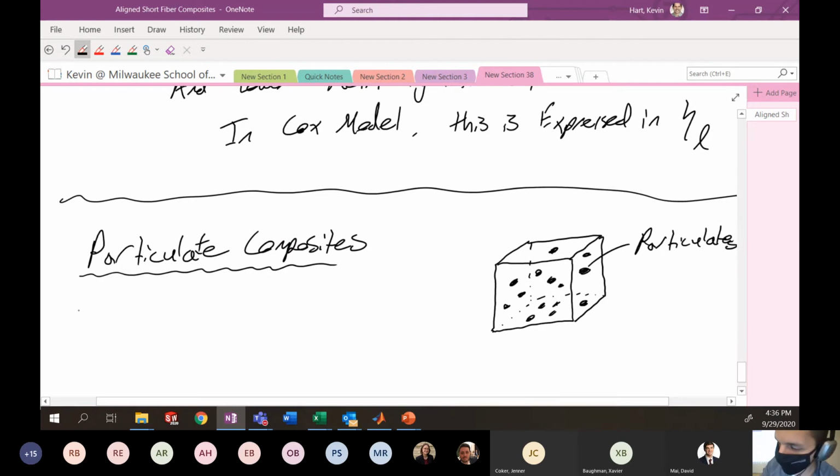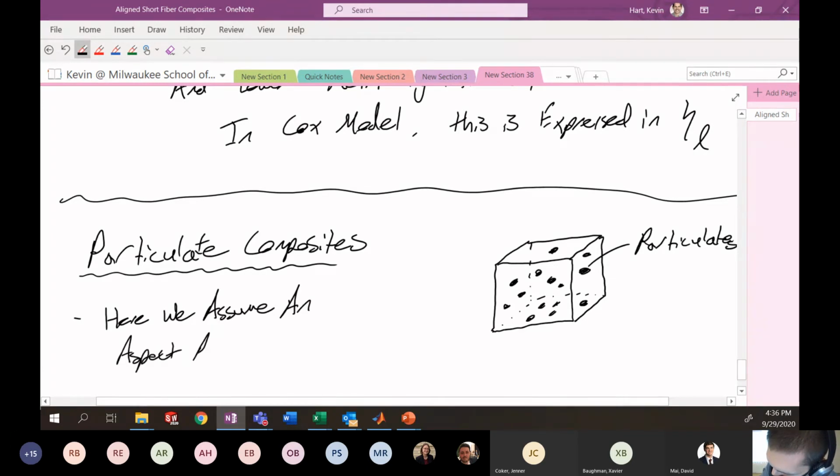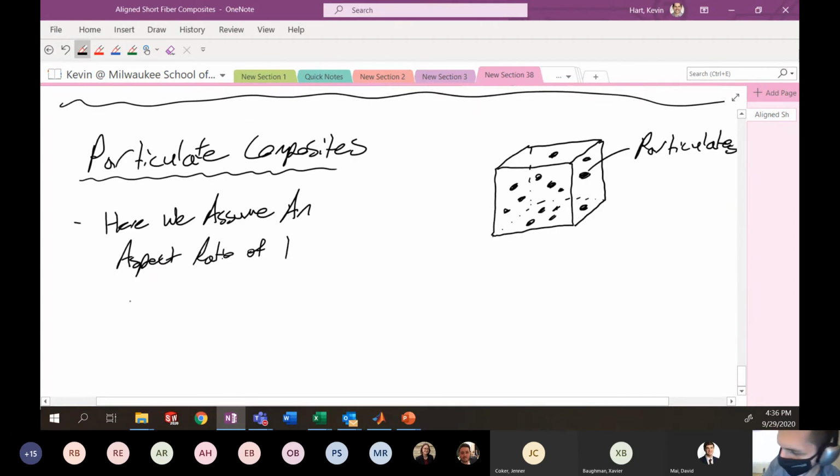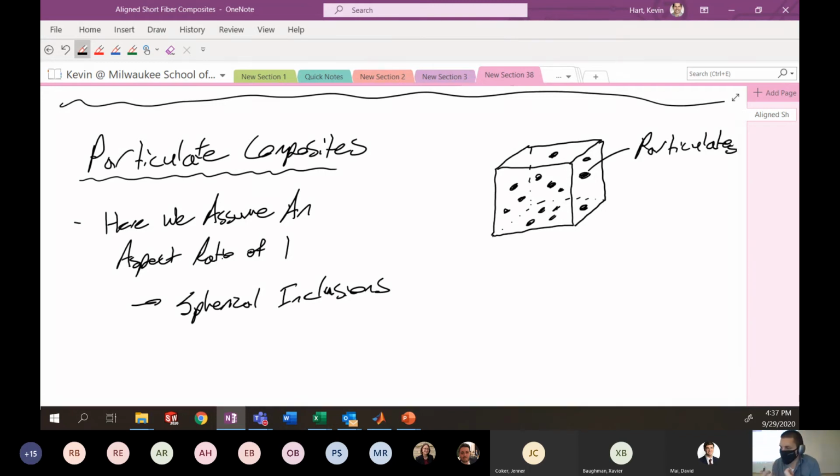So here, if we assume an aspect ratio of 1, so more or less spherical inclusions, we'll see that we approach isotropic behavior.